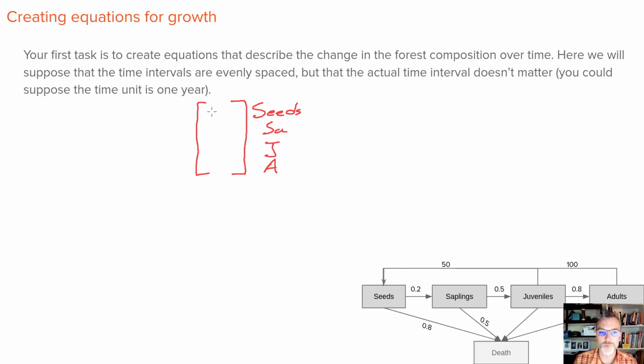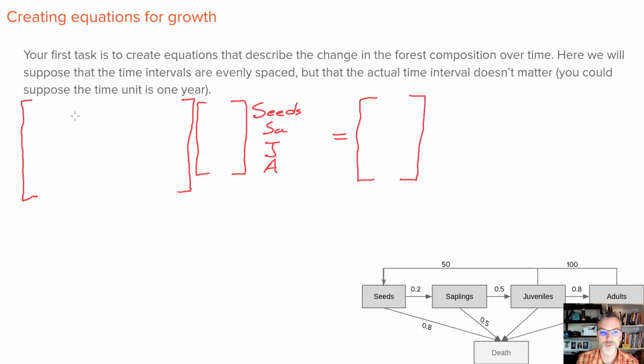Okay, so we have absolute numbers for each of these, and we can see how the population changes over time. Now, the way we describe that change is by writing down all these transition probabilities and offspring numbers in a matrix. Okay. So this first row, when I multiply these together, that's going to give me the number of seeds in the next generation.